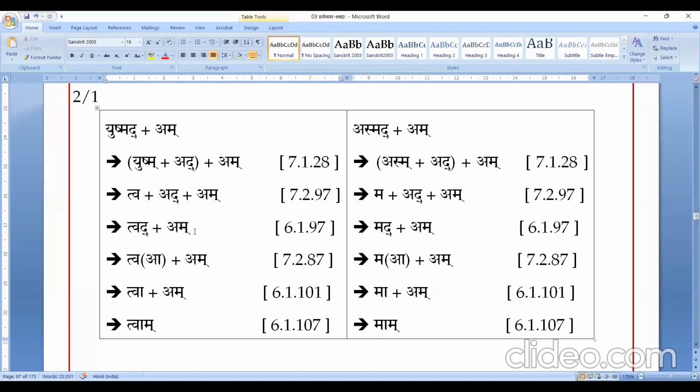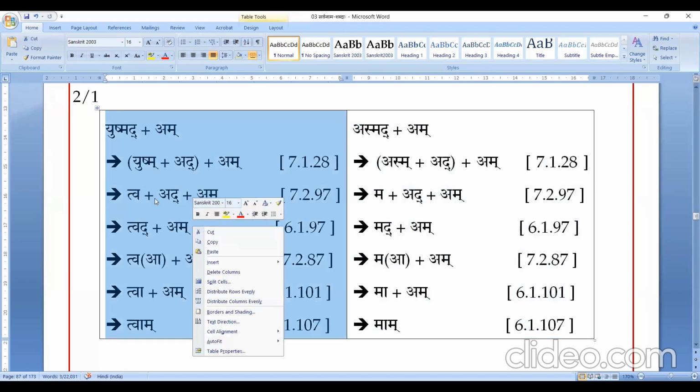We need to separate ad and dakara replaced by akara. Shesha lopa cannot be applied because atmayatta nimitta adesha parataha eva shesha lopa. So that cannot be applied. Therefore, tva plus ad, we just do something of that.